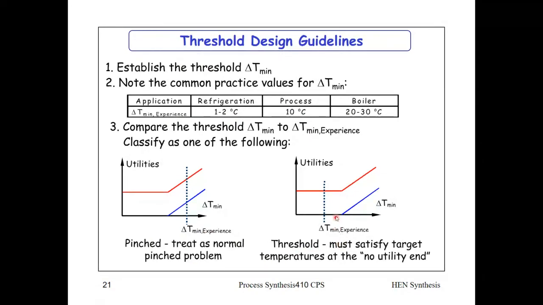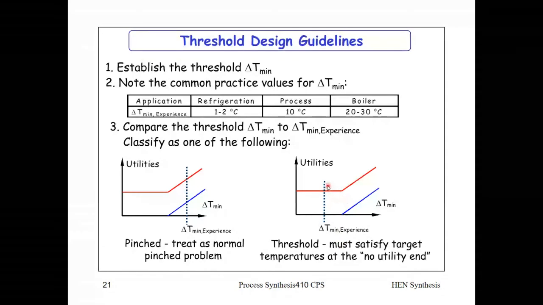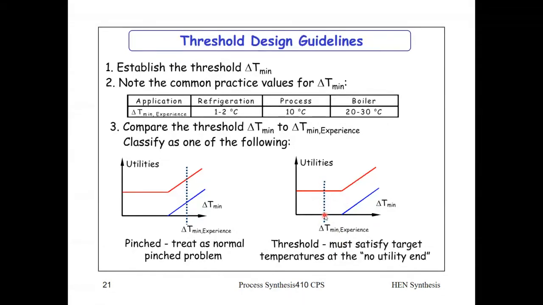Or else it's a threshold problem. If the delta T min from experience is less than that delta T min threshold, which is that point, then it's a threshold problem, and you must satisfy the target temperatures at the no utility end.